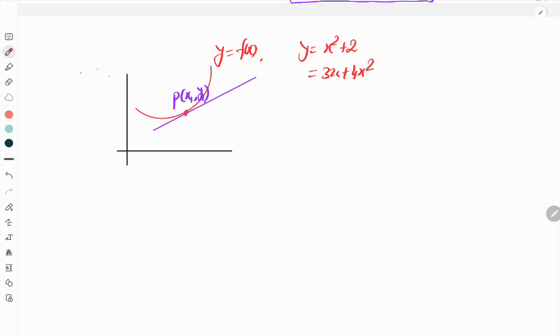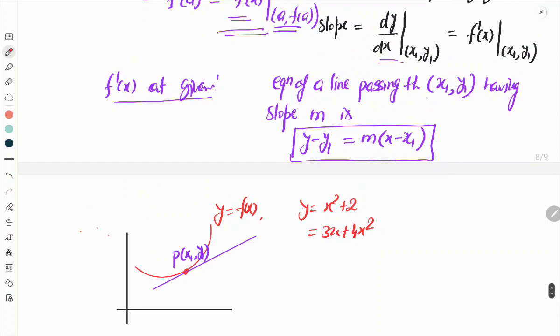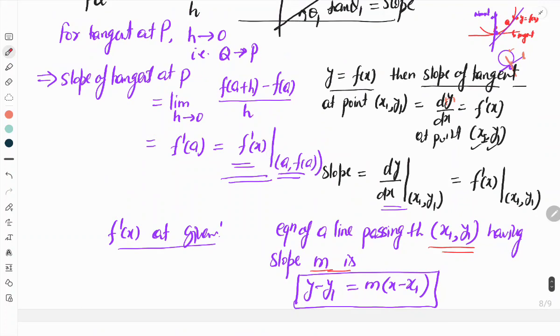Then first, I am telling you two things are required: a point is required and a slope is required, and in the case of a curve, the slope is nothing but dy by dx at a point (a, f of a).